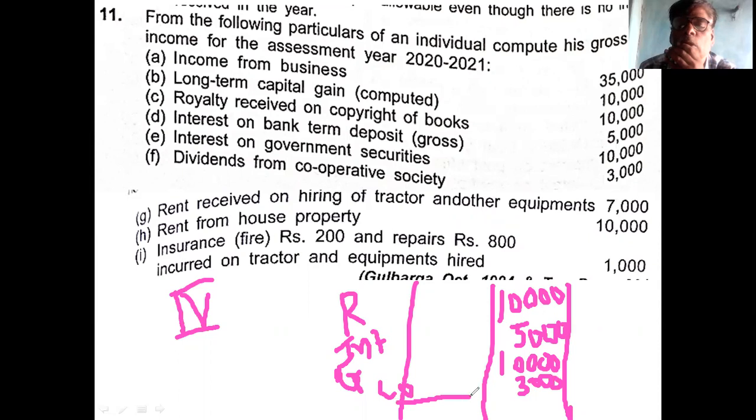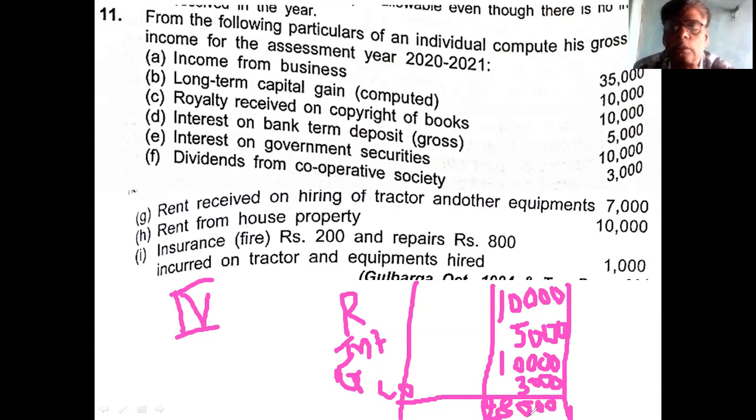Now you take the total. What is the total? 28,000. This is gross other source.